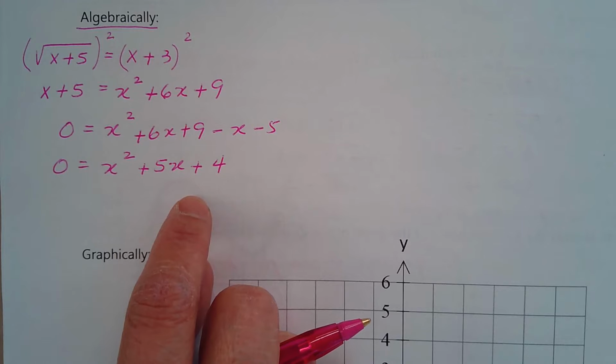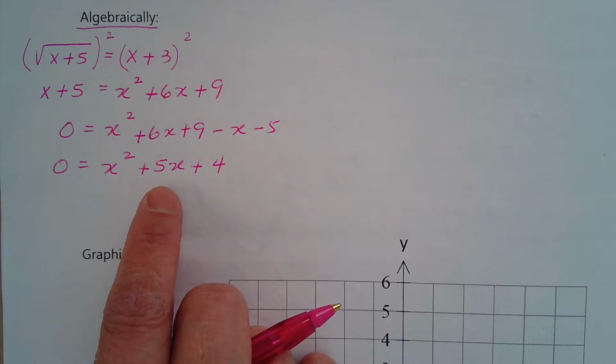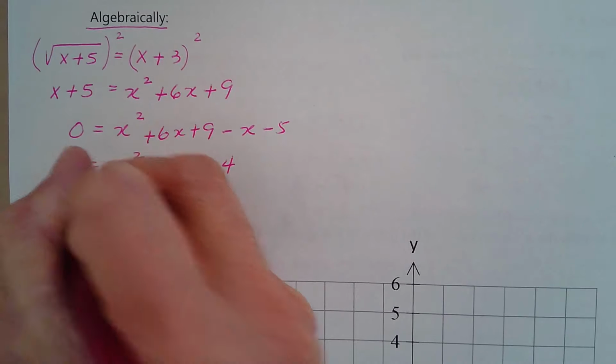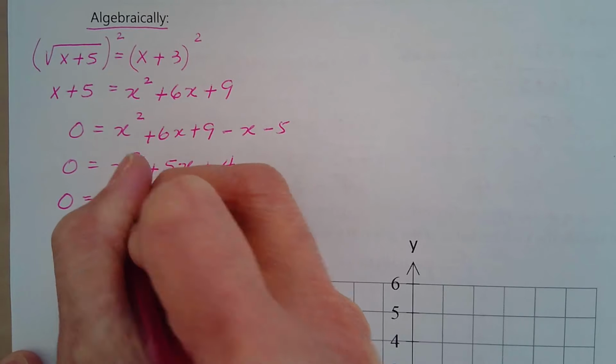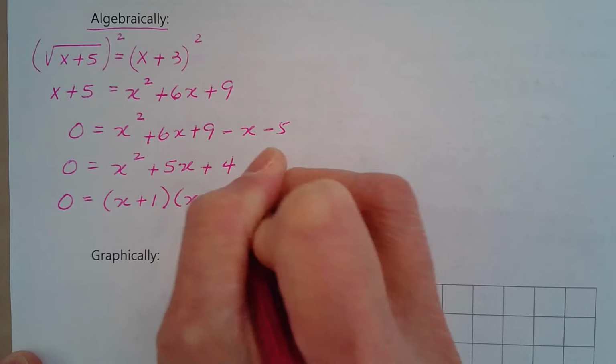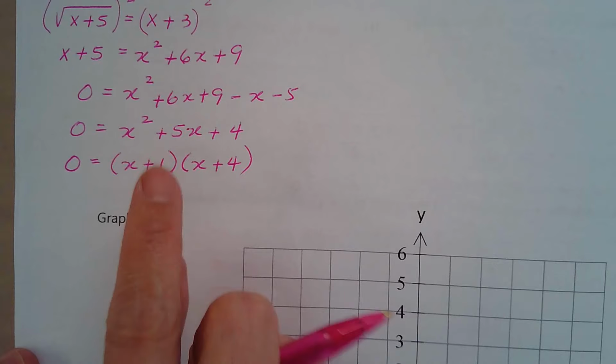And what's the other one? The quadratic formula. So the one we're going to take a look at is, see if this is factorable, we'll do factoring. Is this factorable? Yeah, it is. So what does it factor to? x plus 1 times x plus 4.